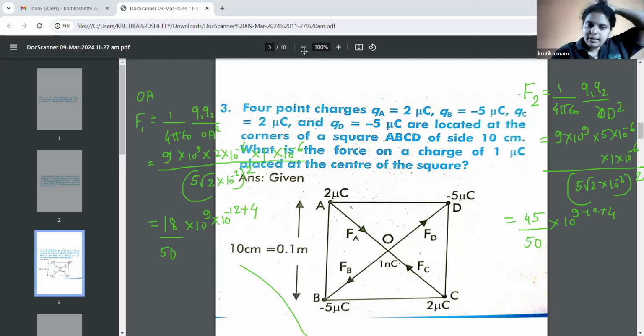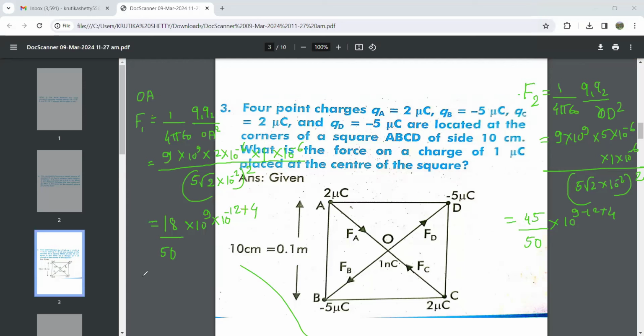Okay, F1 is 36 Newton or 3.6 into 10 raised to. Yes. F1 value is right. So F1, 18 divided by 50, if you do, you will get it as how much?